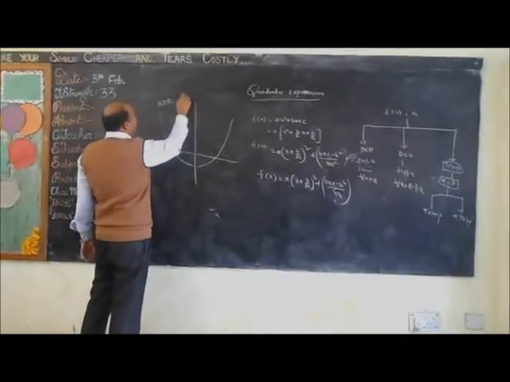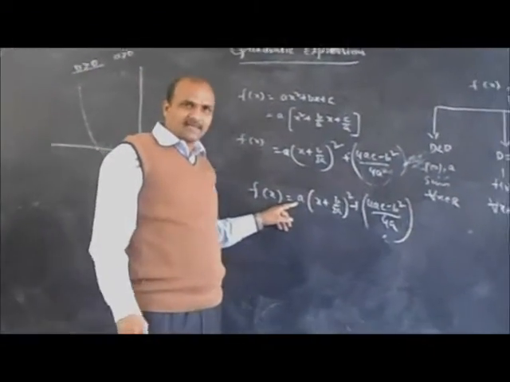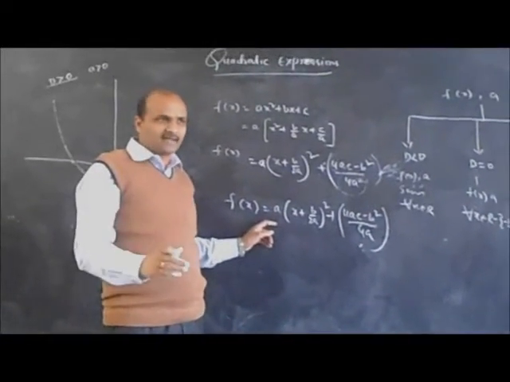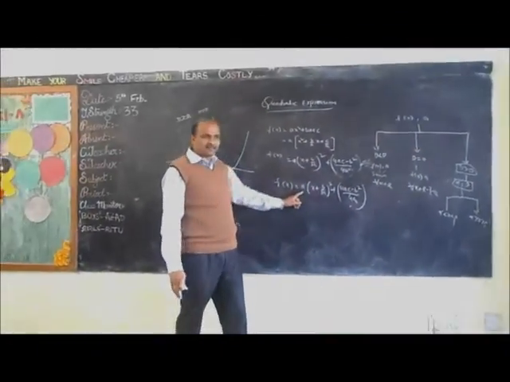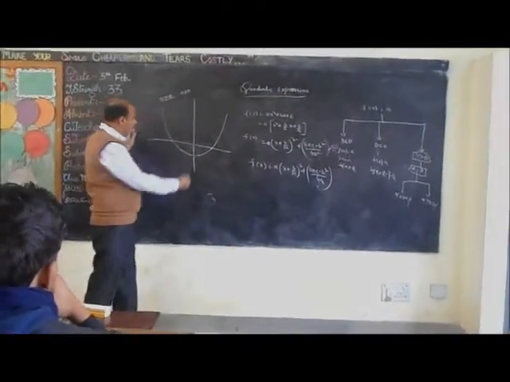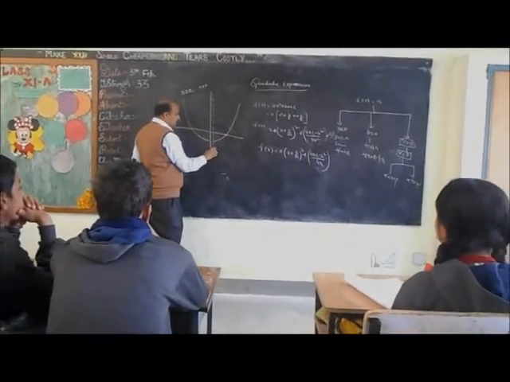That means a, the coefficient of x square, is greater than 0. Y is equal to mx square, that means m is greater than 0, means a is greater than 0, you will get the graph of this. So what we call this is the line of symmetry.